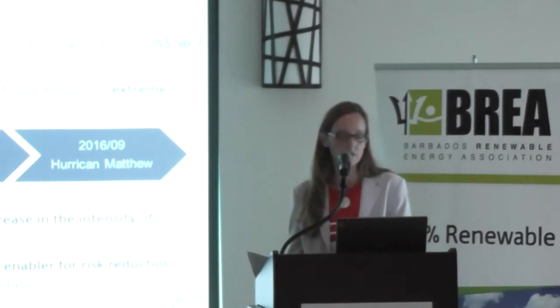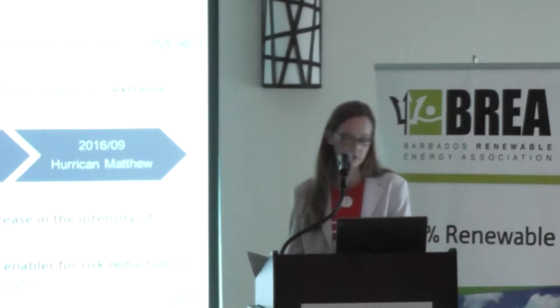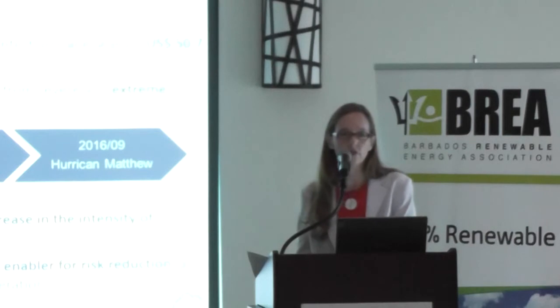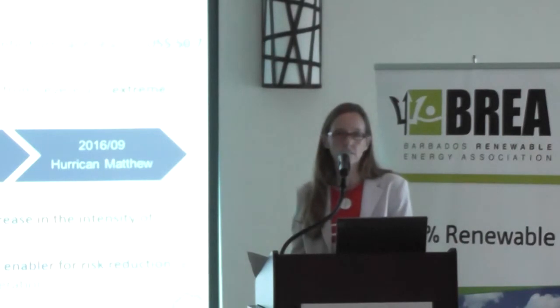But Barbados has also received payouts from CCRIF previously. Hurricane Tomas was 8.5 million, flooding in 2014 and 2011 payouts were about 1.3 million, and Hurricane Matthew about 1.7 million. But against this backdrop, one also needs to consider that cyclones, as Misha mentioned in her opening speech, are increasing in intensity.